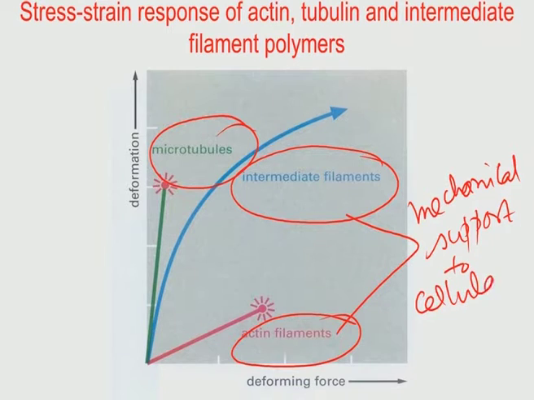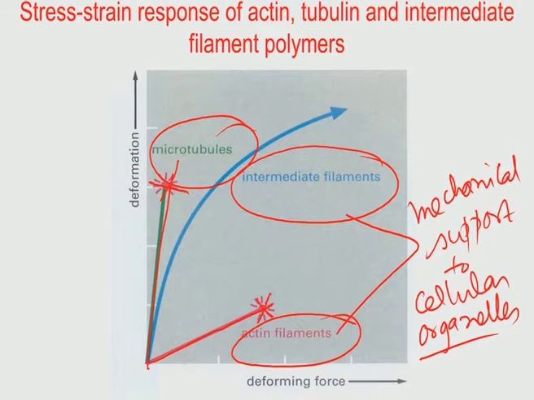Therefore, some understanding of their mechanical response, particularly under the application of tensile deformation or tensile force, is necessary. To start with, the mechanical response of actin filaments is a perfectly linear elastic response. The same is true for microtubules as well.